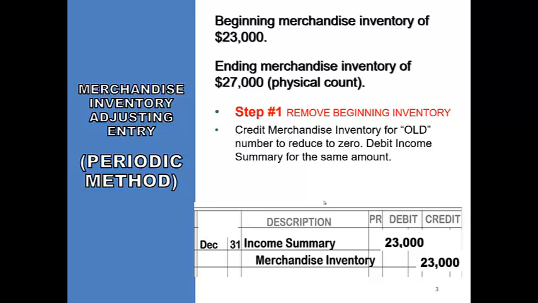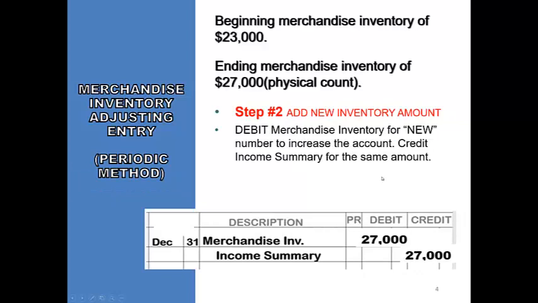To remove the $23,000 debit from merchandise inventory, we're going to credit the account for $23,000. That will bring merchandise inventory to zero. Then as the offset to the $23,000 credit, we're going to debit income summary for $23,000.